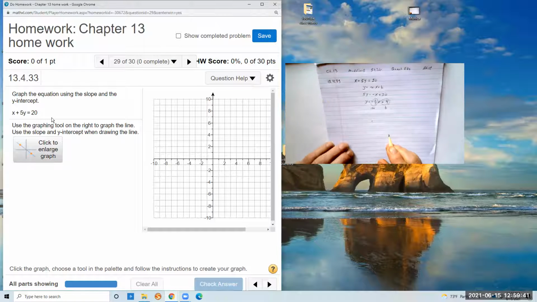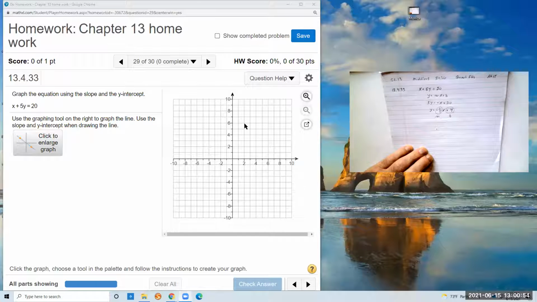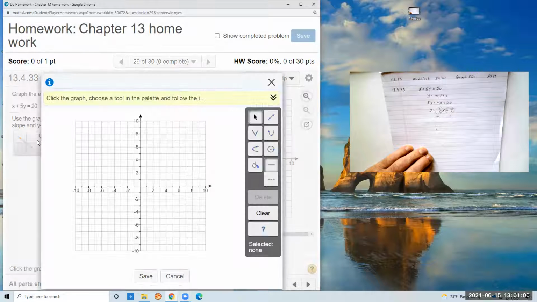So now let's go to the graph. I need to find my graphing tool. There it is.